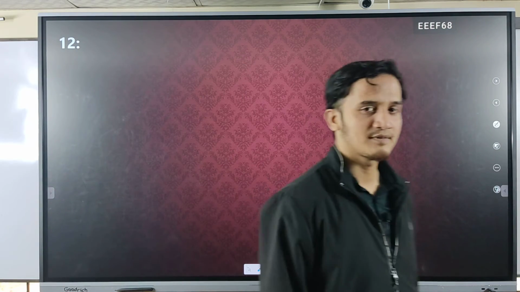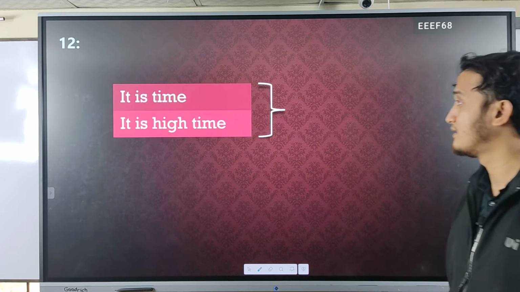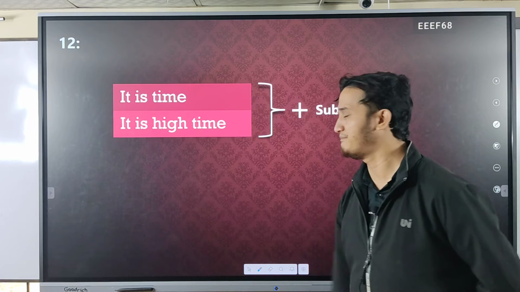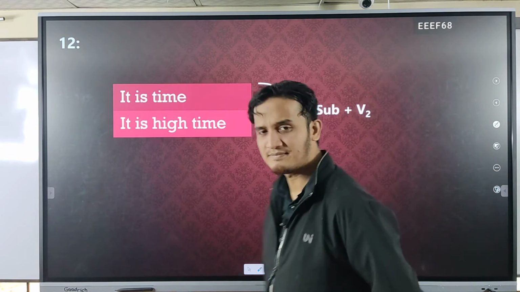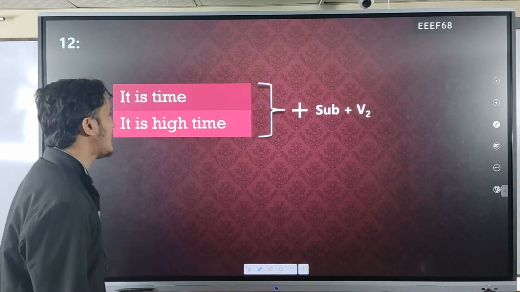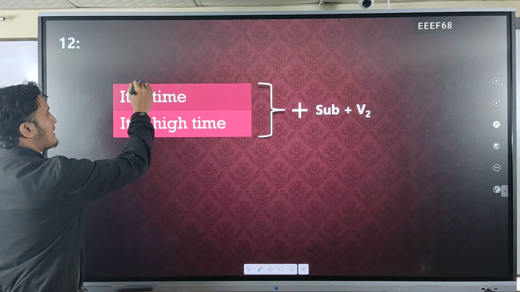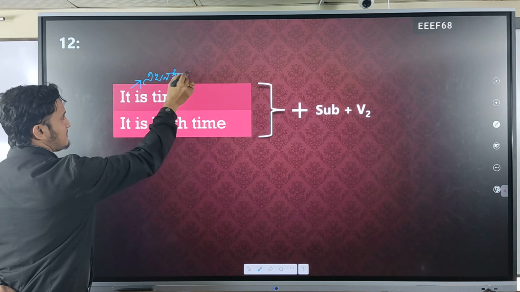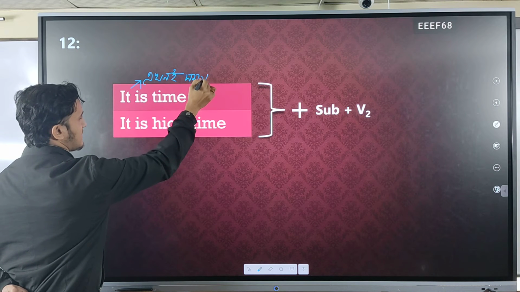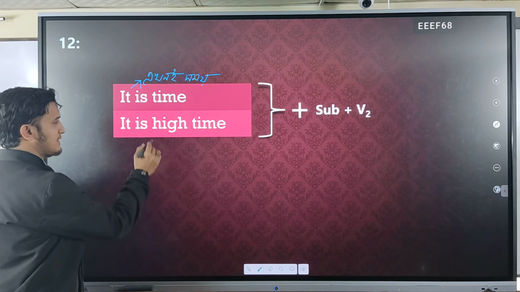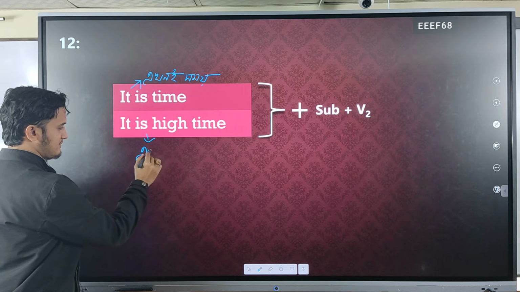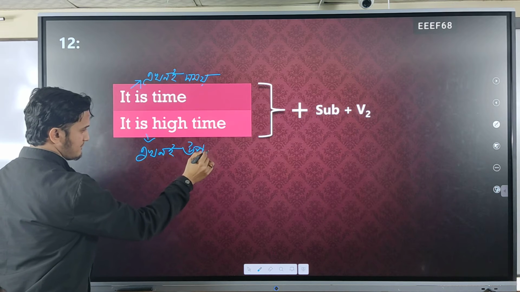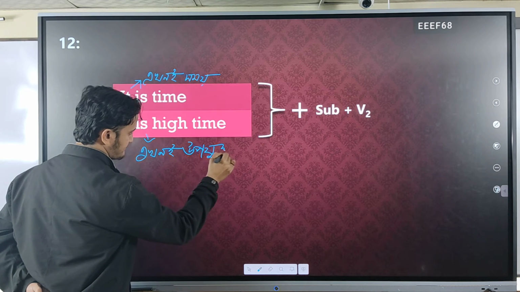And then, if there are clauses like it is time, it is high time. It is time, in Bangla we say ekhoni somoy. So I would like you to write it in our native language, ekhoni somoy. It is high time, actually in Bangla we say ekhoni uponukto somoy.